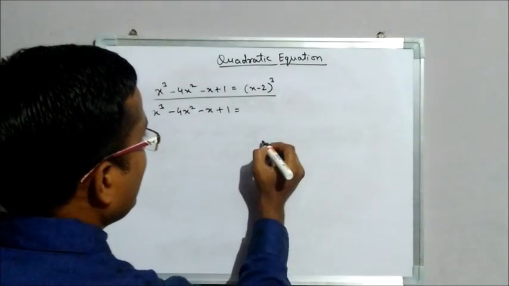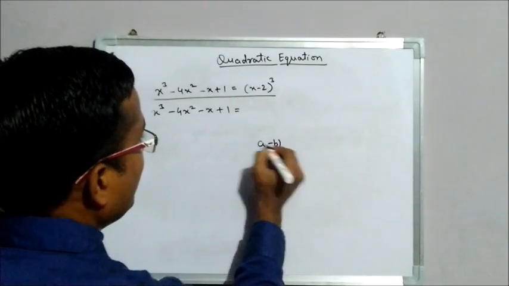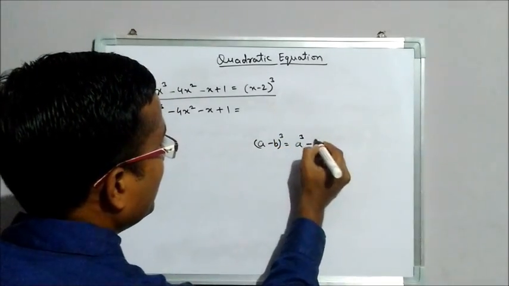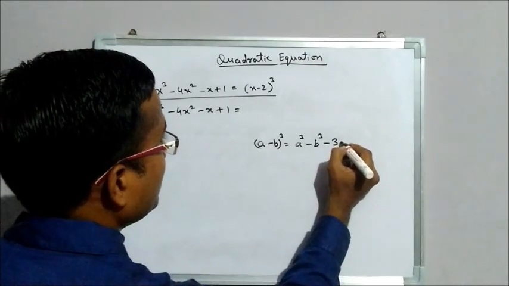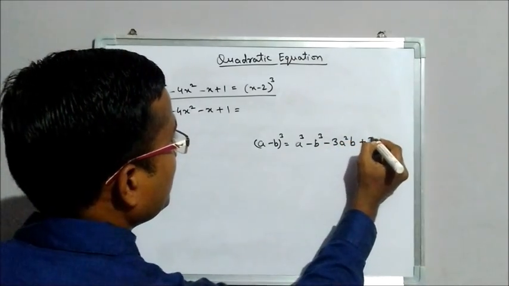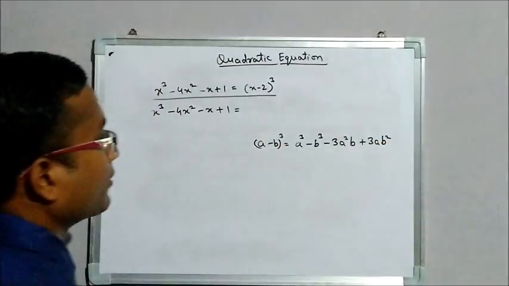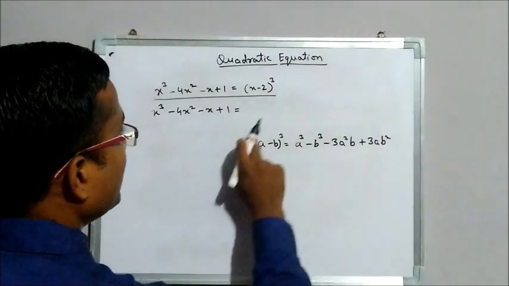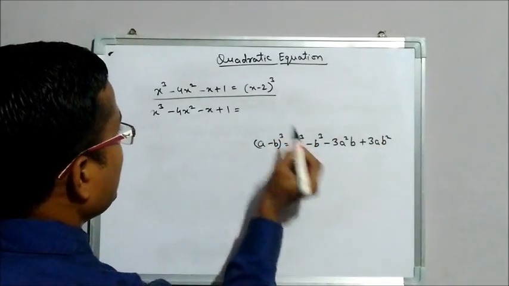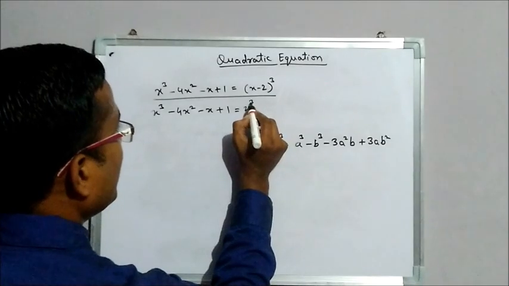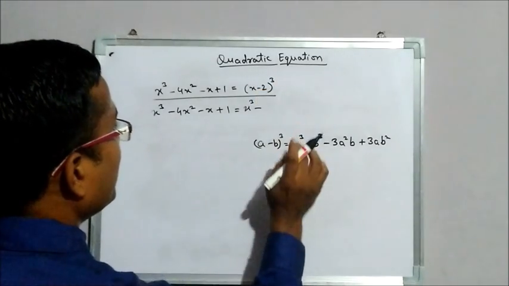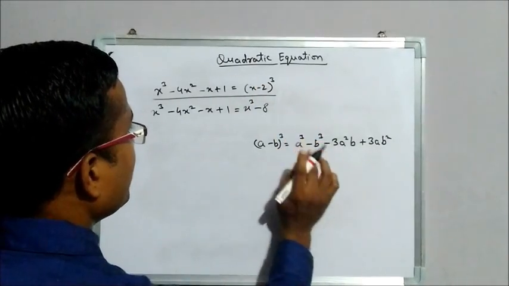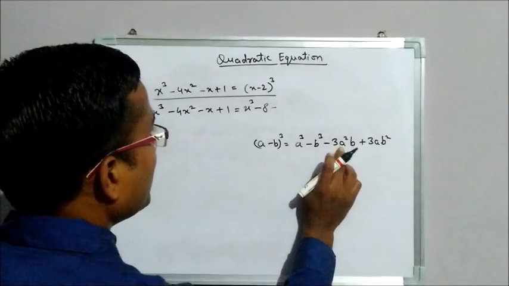(a − b)³ = a³ − b³ − 3a²b + 3ab². So here on expanding this term, we get x³ − 2³, and b is 2, so 2 cubed is 8, minus 3a²b.